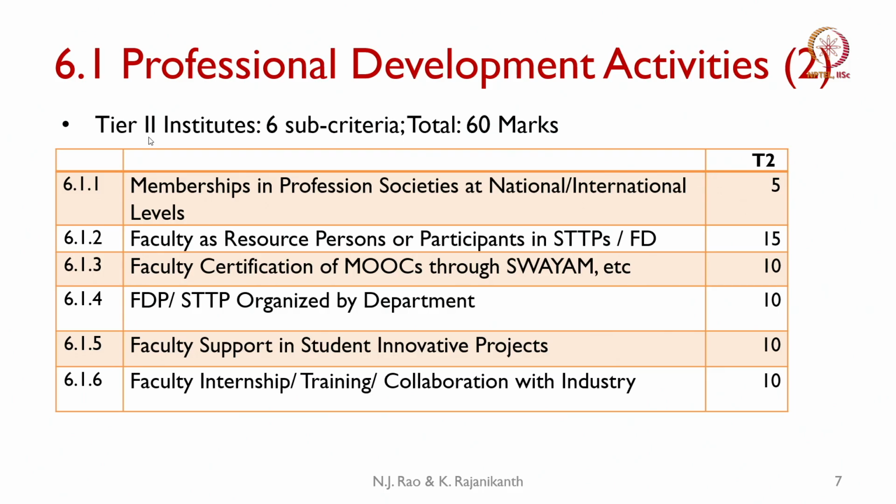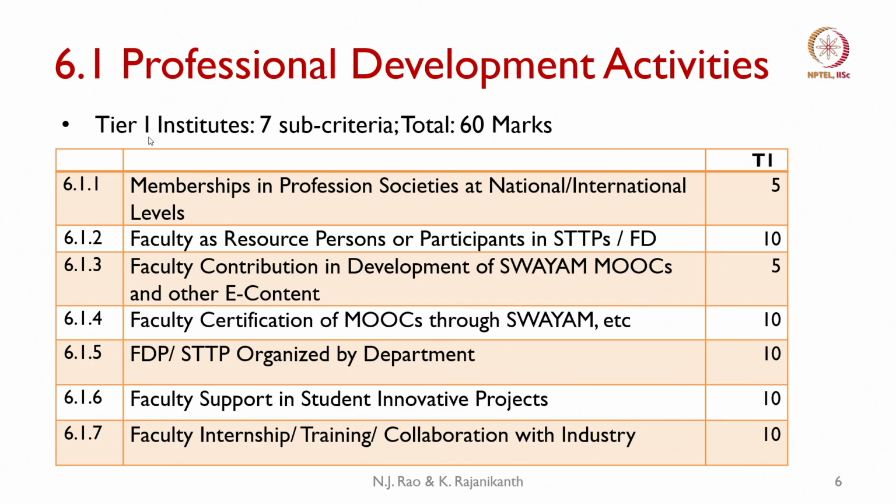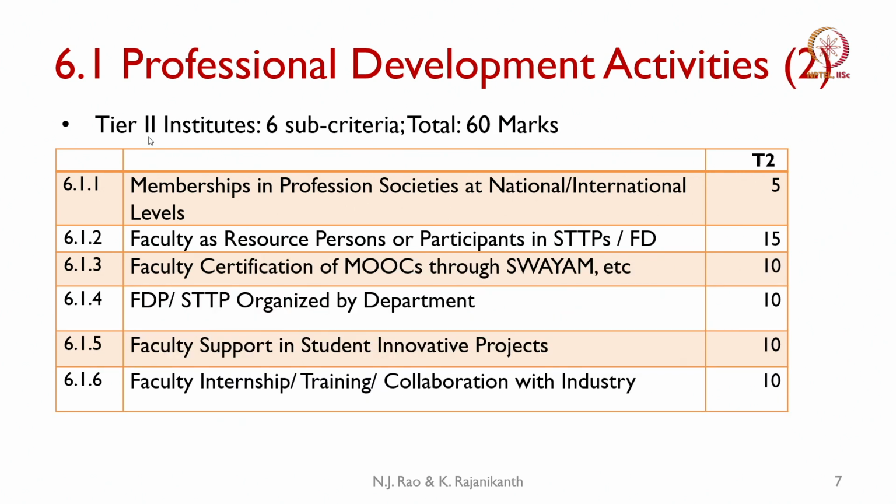If you closely observe the difference between Tier 1 and Tier 2, 6.1.1, 6.1.2, then 6.1.4, 6.1.5, 6.1.6, 6.1.7 are all here in Tier 2 also, but with slightly different numbers.